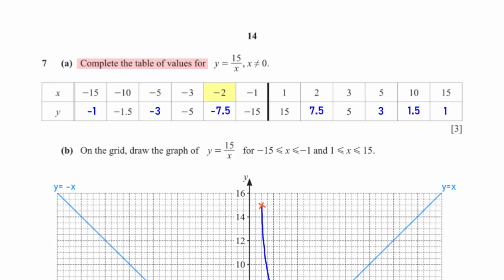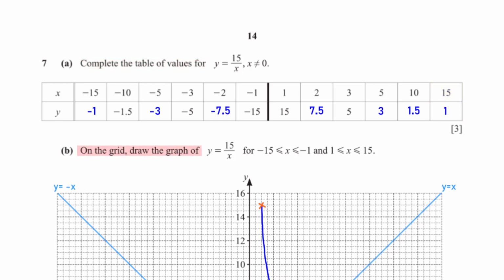For x equals negative 2, we get y equals negative 7.5. For x equals 2, we get y equals 7.5. For x equals 5, we get y equals 3. For x equals 10, we get y equals 1.5. And for x equals 15, we get y equals 1.